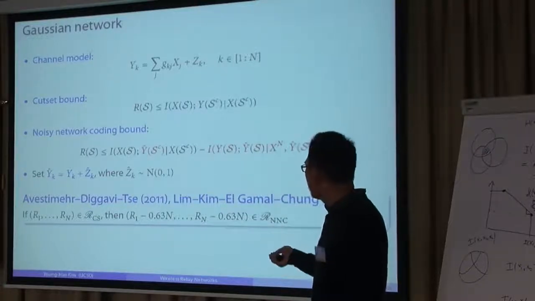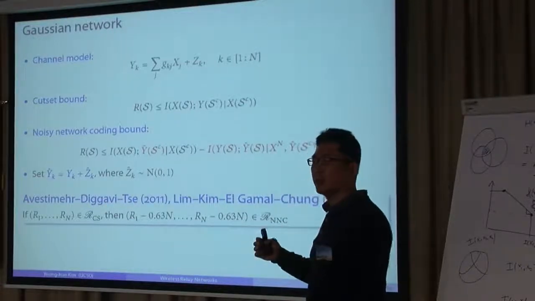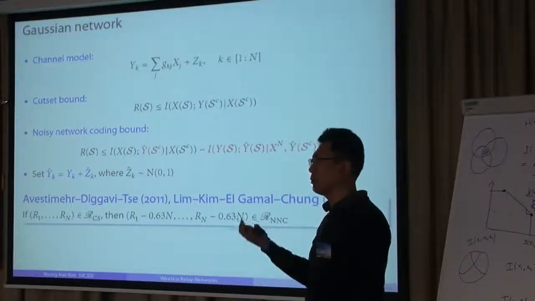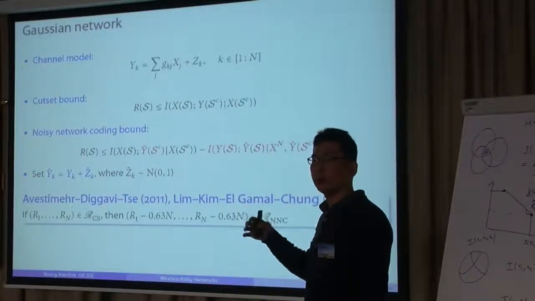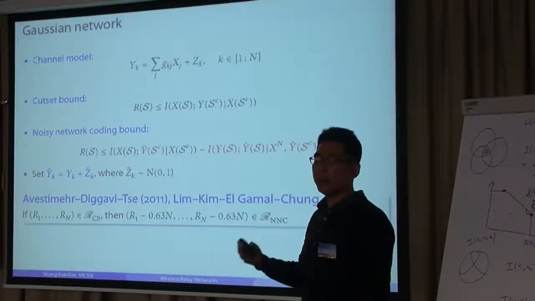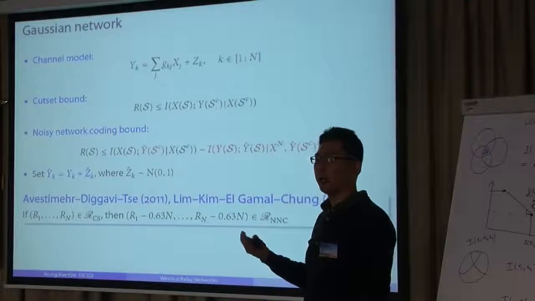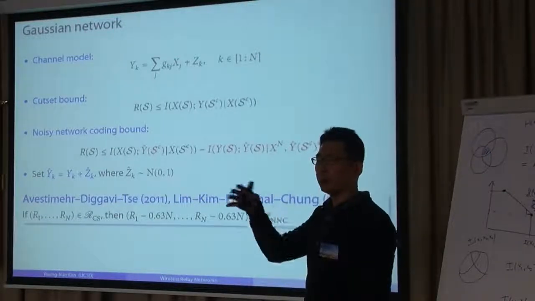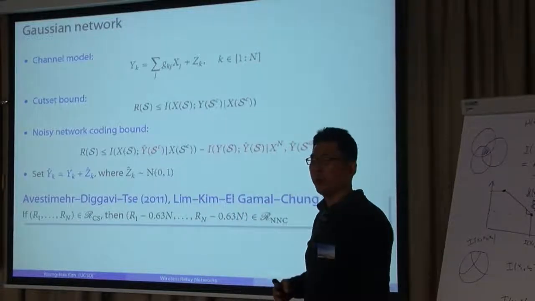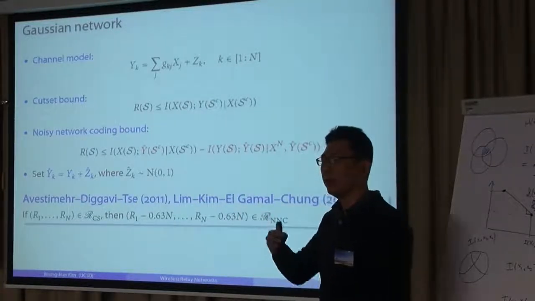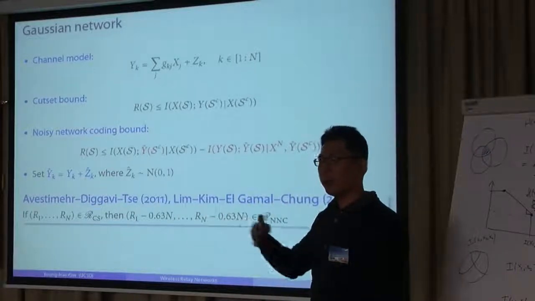On one hand, this is a decent result because we have a uniform bound regardless of the channel parameters. So this is the so-called constant gap approximation of the capacity region. On the other hand, this is not super exciting because your gap increases linearly as the number of nodes in the network increases. And subsequently, there have been many topology-dependent improvements of this bound.